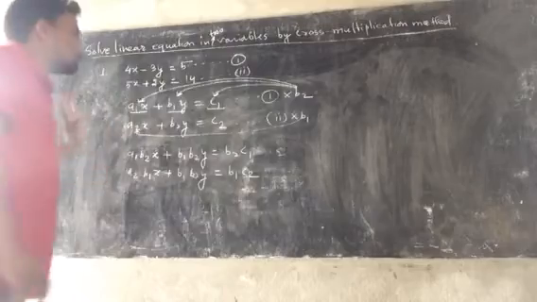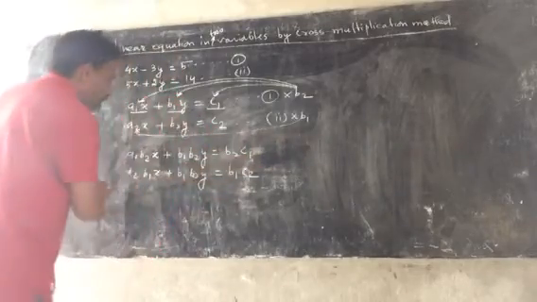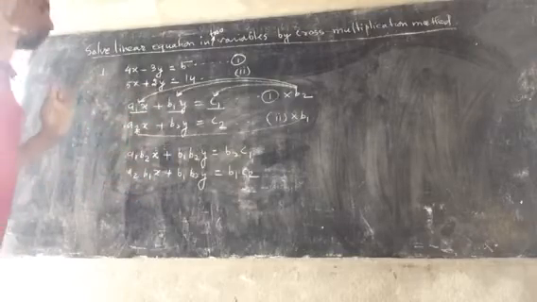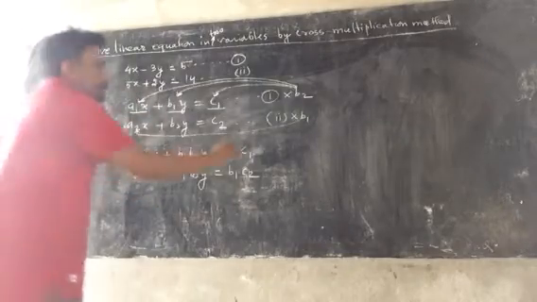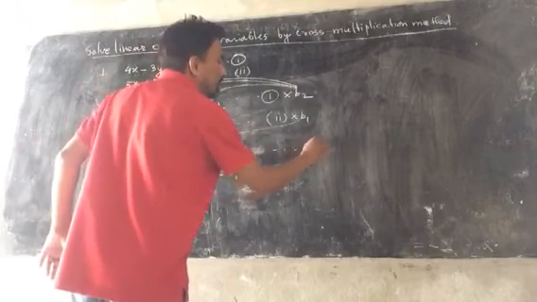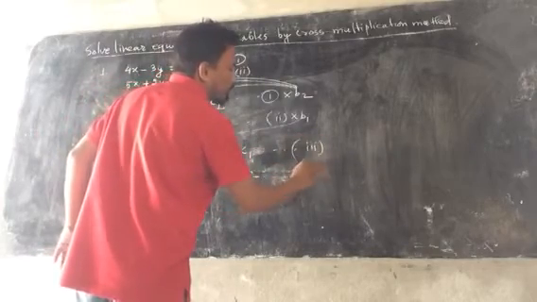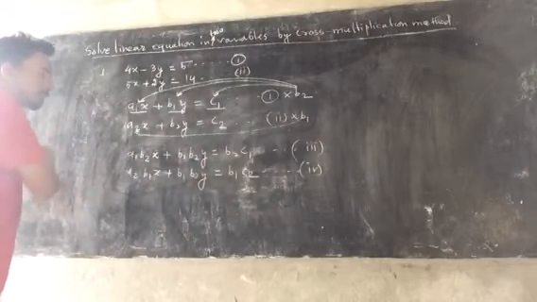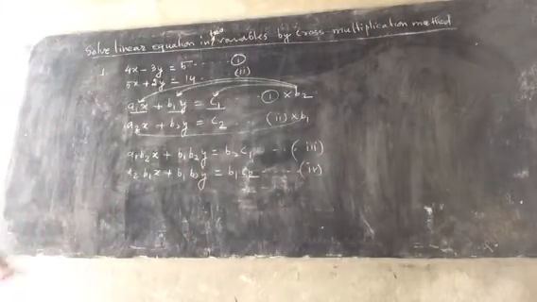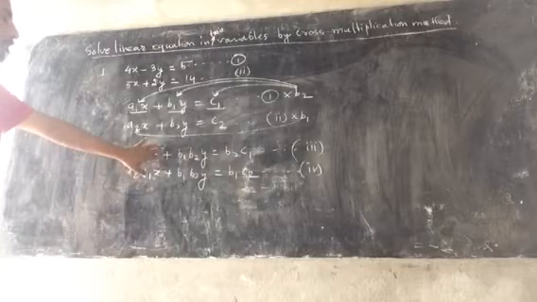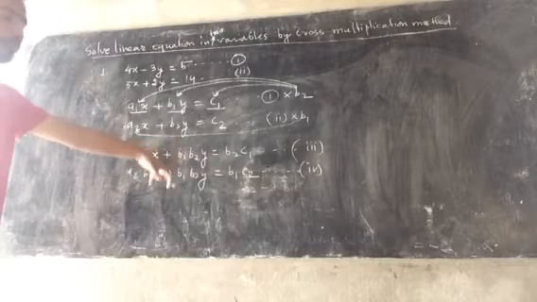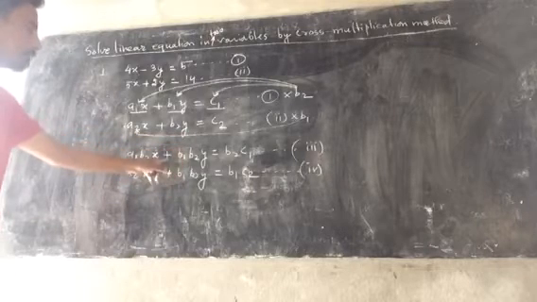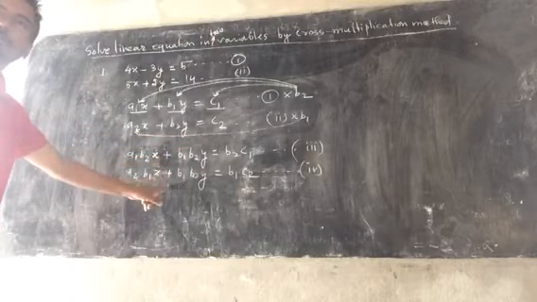Now you see here, you can do the long method, and you can do the shortcut method also. This is equation number 3, this is equation 4. See here, the term which you are going to eliminate has the same sign, no?